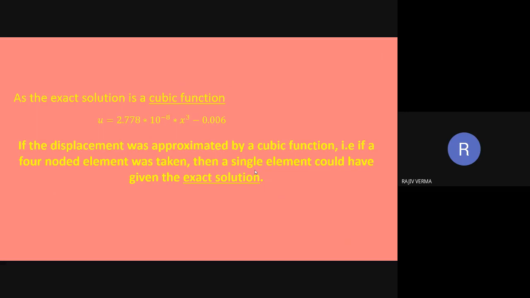Because in this case, when you take a cubic element, the displacement field of the element becomes cubic, and the exact solution itself happens to be a cubic solution. So you can practically obtain the exact solution using only one element.